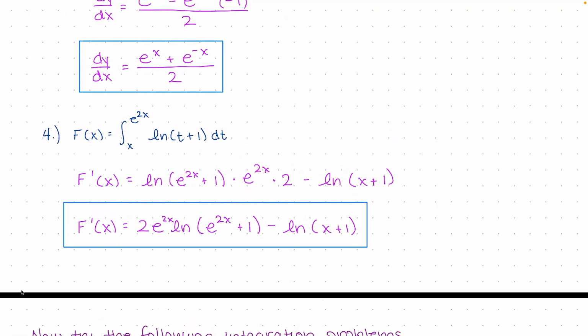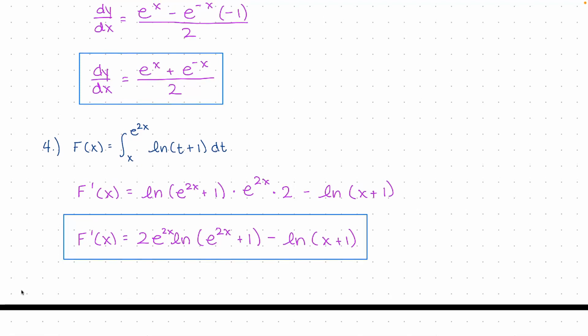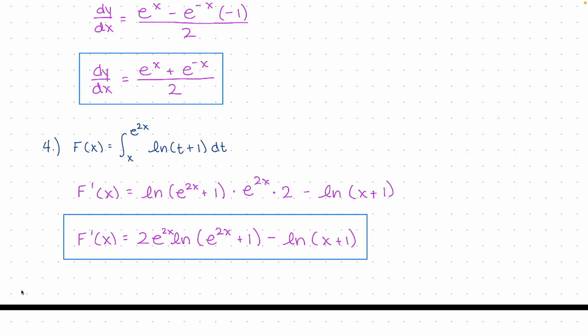Alrighty, here is number 4. So remember, number 4 is the fundamental theorem of calculus. I'll go ahead and walk through this one. I'm going to use a laser. I keep forgetting, with the recording, that people can't see me point to the board, so I'm just going to use the little laser. When you're going to take the derivative of this integral, remember, the derivative of an integral, think fundamental theorem of calculus, part 2.